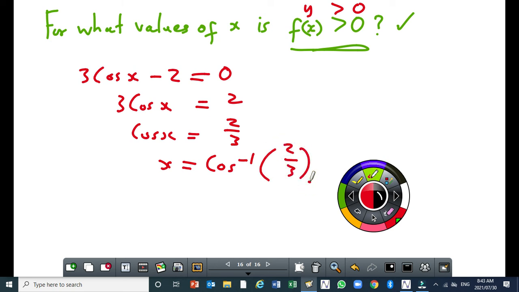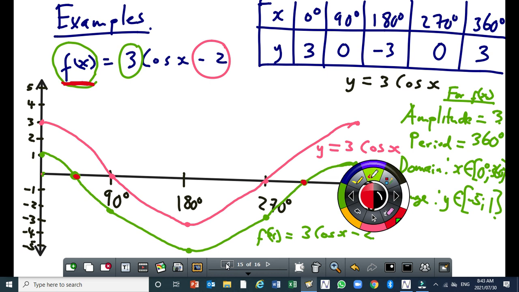Okay? Then what answer do you get? 48,19 degrees. Now this 48,19 degrees is the value of x here. So it will be 48,19 degrees. Are you following?